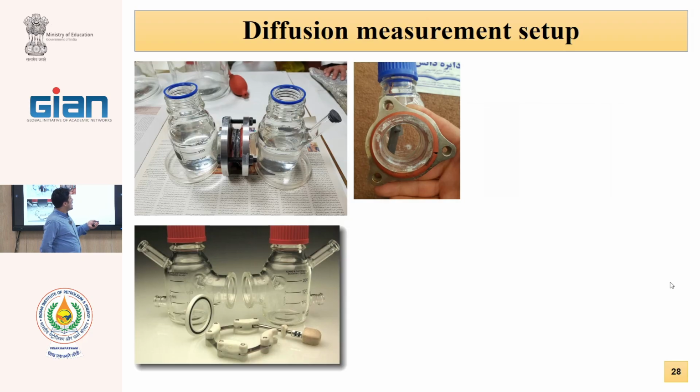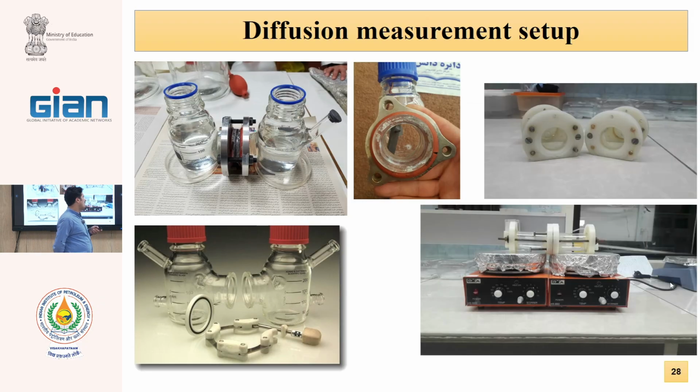If we have a salt, we measure the conductivity. If we have a molecule, we use TOC, COD, or a UV spectrophotometer for measuring. Therefore, this is a diffusion system used in forward osmosis, dialysis, membrane contactors, extraction membranes, and others.